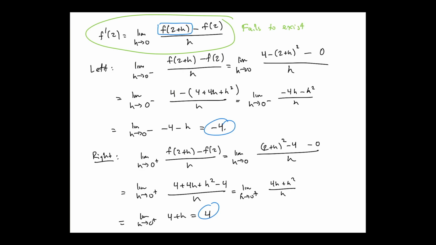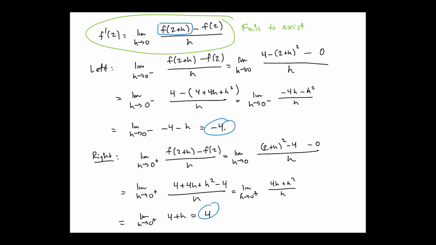Okay, so that limit failed to exist because the left-handed and right-handed versions disagreed, but that limit is the definition of the derivative. Okay, so what does this mean at the point 2? The derivative doesn't exist.